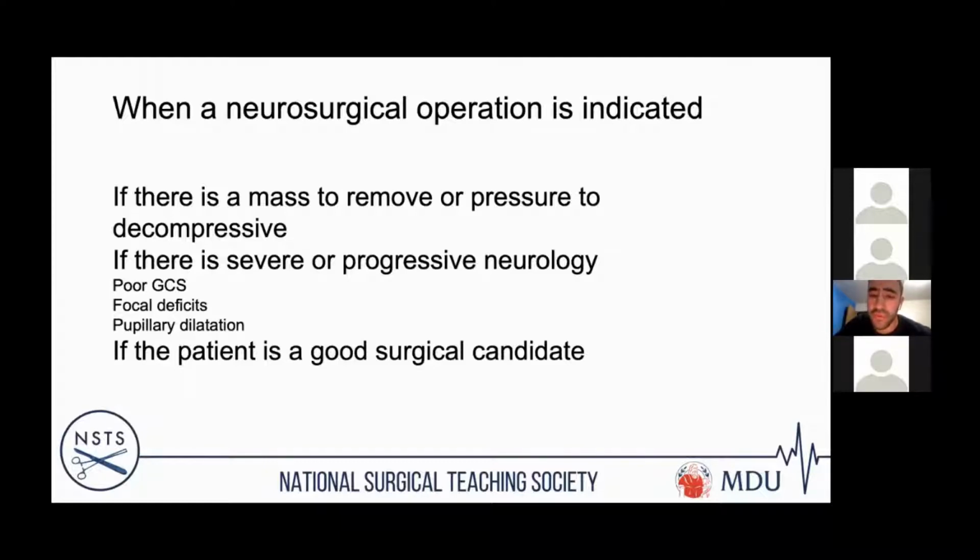So often we get referrals for patients who are in their 80s with several comorbidities, and often the response from neurosurgery is that by the time they even get to the neurosurgical center, they would have deteriorated so badly that surgery is just not going to change the course of their disease. So these are three key principles that run through any thought about a neurosurgical patient.